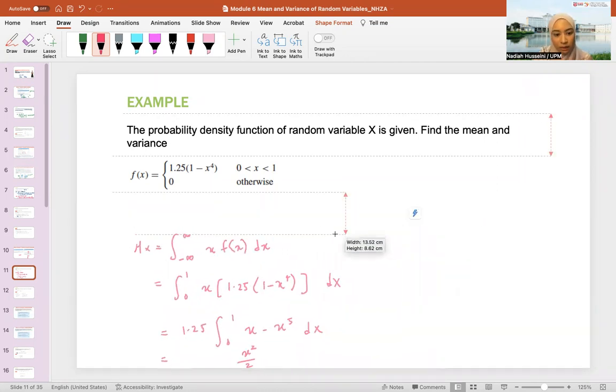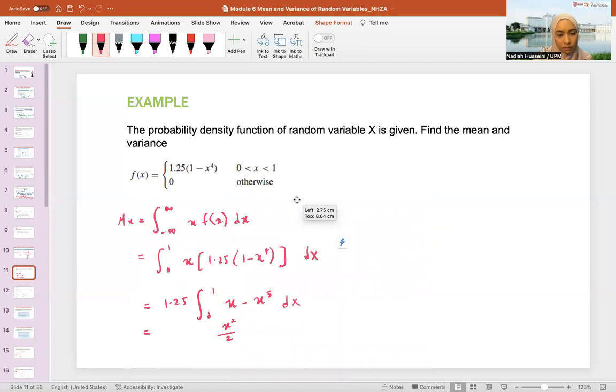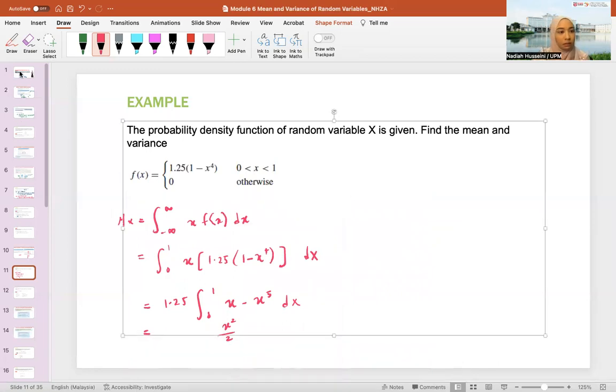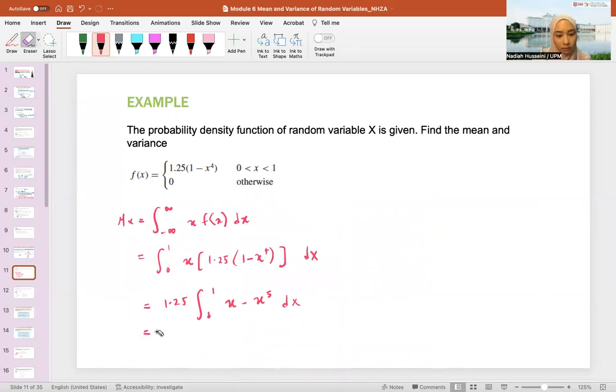It's too much content. All right, so now let's integrate x squared over 2 minus x to the 6 over 6. And I have my constant 1.25, and this we need to put in the values 0 and 1.